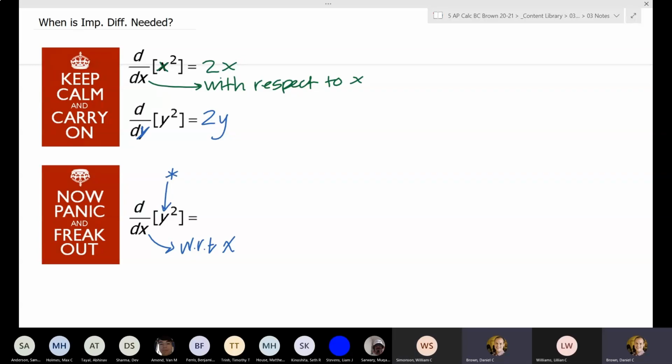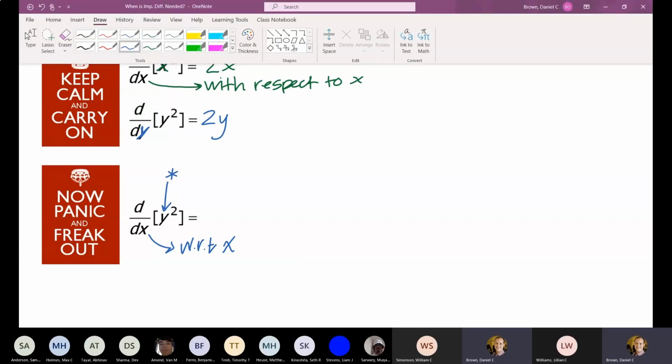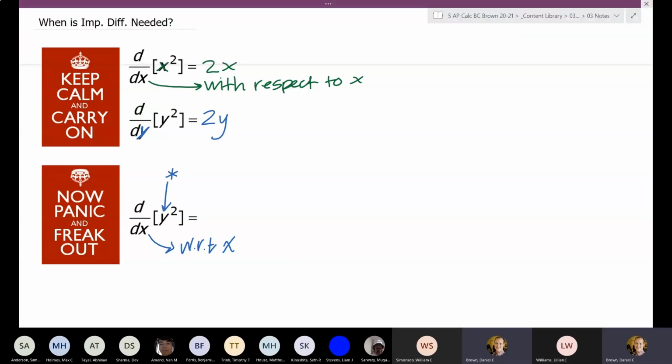I'm going to tell you the answer to this one, and I'll explain the theory behind why it is the way it is. The derivative of y squared itself is 2y, but we're taking the derivative with respect to x. The way we think about this is that y is usually a function itself defined in terms of x, so we have to do a chain rule here.